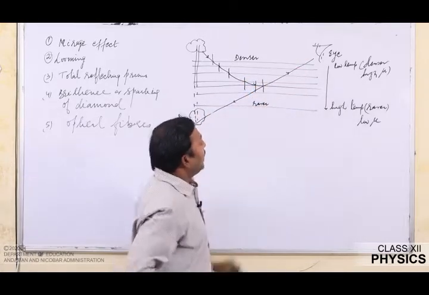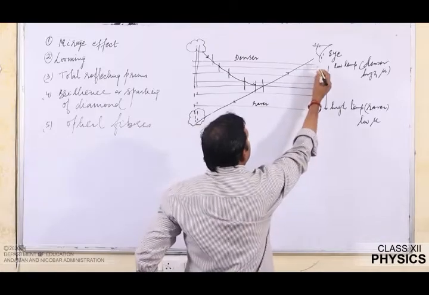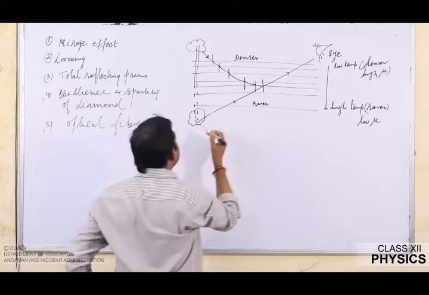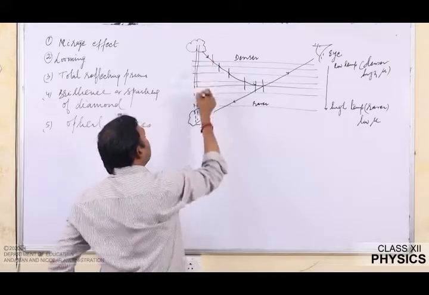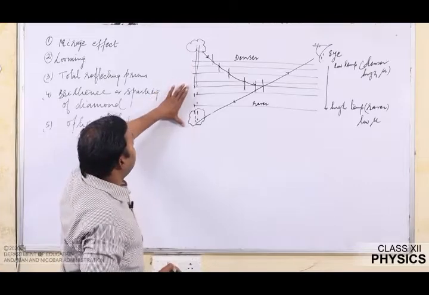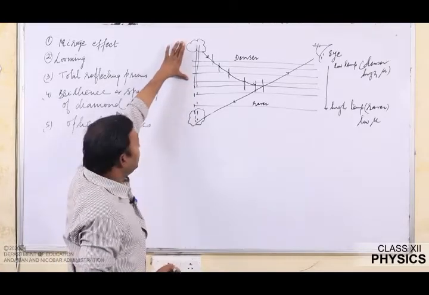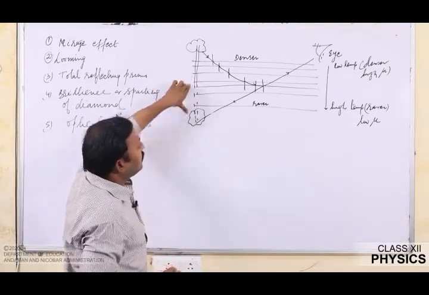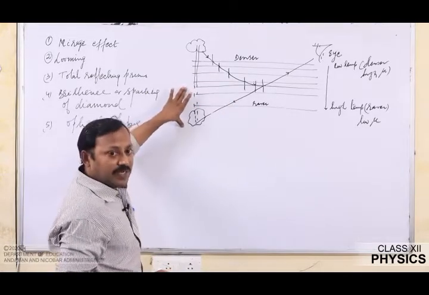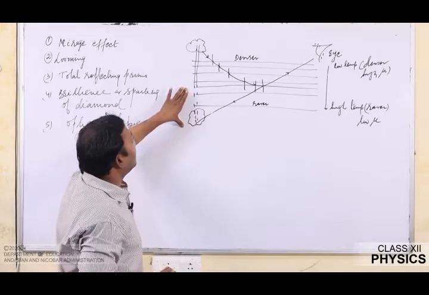For a person, the line of sight will be like this. He will see the image according to his line of sight, which appears at this point, just opposite to the actual position of the tree, seeming to be an image of the object. This gives a false illusion to the person. So, this effect is said to be the mirage effect, and it totally depends upon total internal reflection.